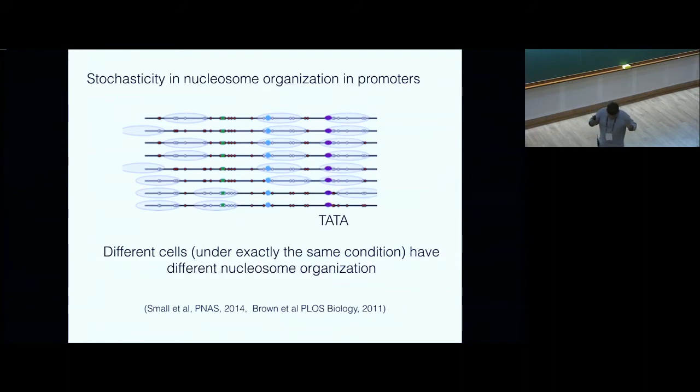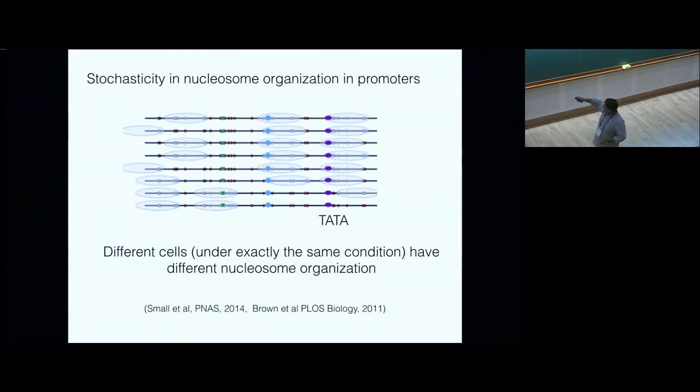The names don't matter. But in this important region, the promoters of cells, what they found is that different cells show slightly different organization. Some cells have this organization, some cells have that organization.